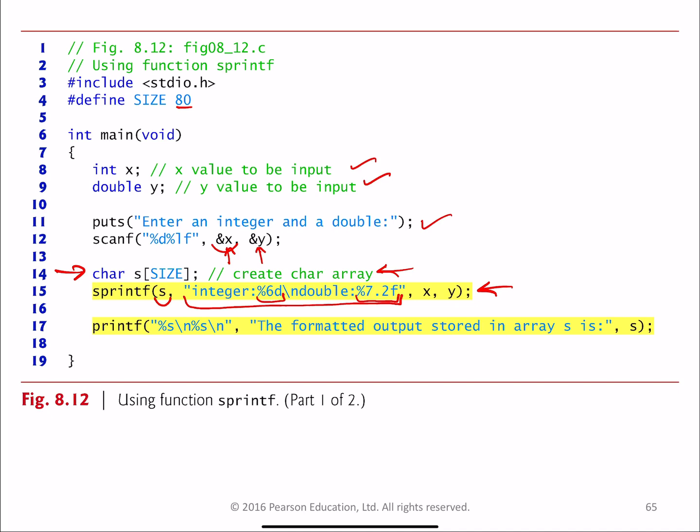Remember, we won't see anything on screen for that. So to make sure that s actually contains this whole string with the values of x and y properly formatted, we have to call the printf function. In that one, we first print a descriptive message, the formatted output stored in array s is, then a new line, and then we print out whatever's in string s, followed by another new line.